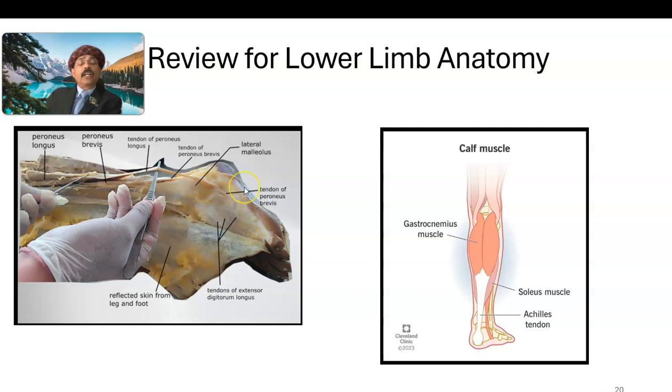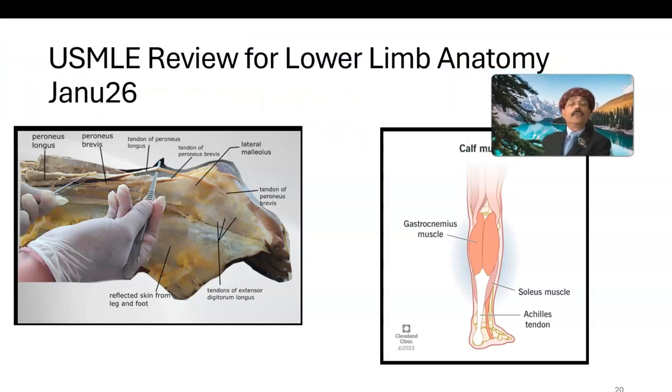This tendon turns around the lateral border of the foot, goes underneath the cuboid bone, and inserts to the medial cuneiform and first metatarsal bone. Nerve supply of the fibularis longus is what? Okay, nerve supply is superficial fibular nerve, also called superficial peroneal nerve.